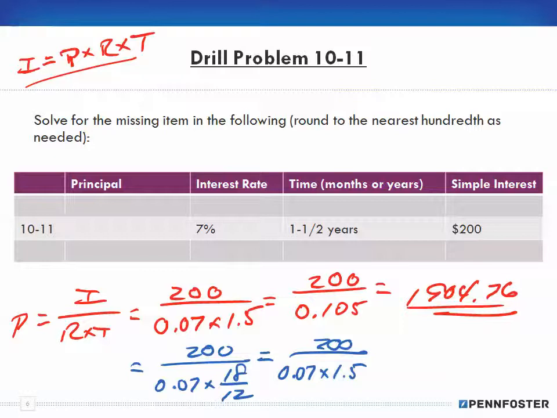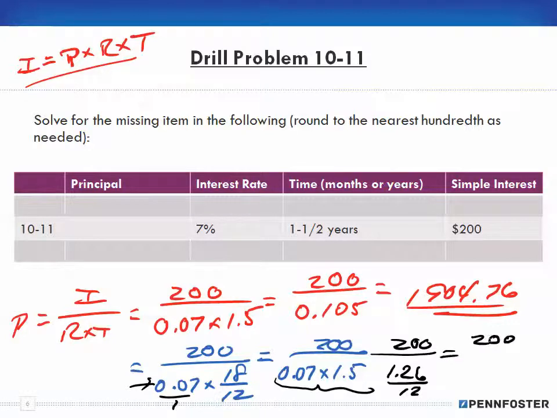Or I could have gone and, let me get a different color here, I could have said, instead of doing this, I could have multiplied the 0.07 by 18 and ended up with 1.26 over 12. 0.07 times 18, and then divided that by 12, so that would have ended up being like this, 200 over 1.26 divided by 12.